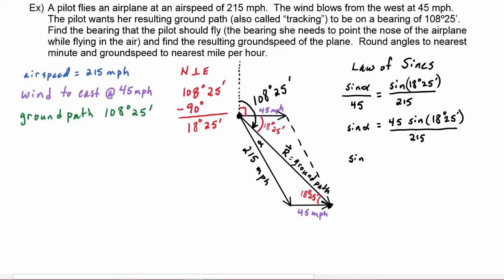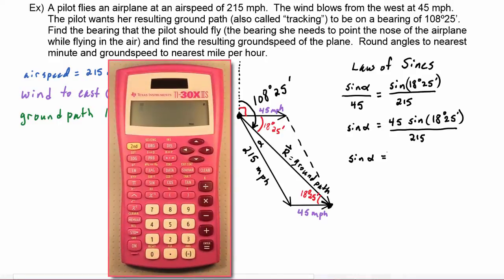So the sine of alpha is equal to, let's get this in our calculators.